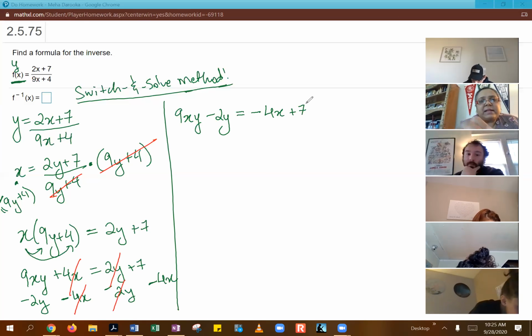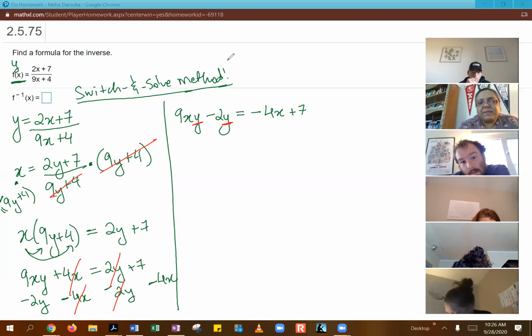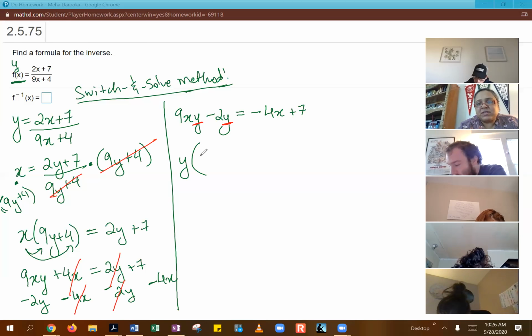Now, remember, our ultimate goal is to get y by itself, move everything else to the other side. So from both of these terms, I am going to factor out that common y, bring it outside as your greatest common factor. You have y on the outside. On the inside, we are left behind with just the 9x from the first term minus 2 from the second term.